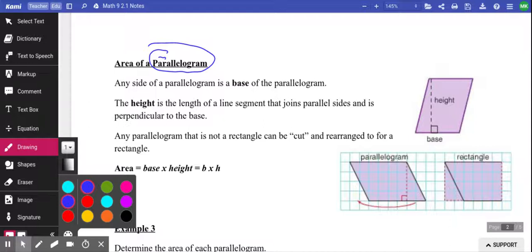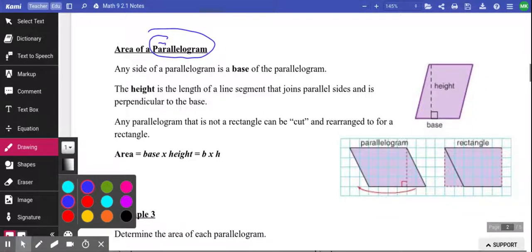Parallelograms. A parallelogram is a shape where your sides are parallel to one another.